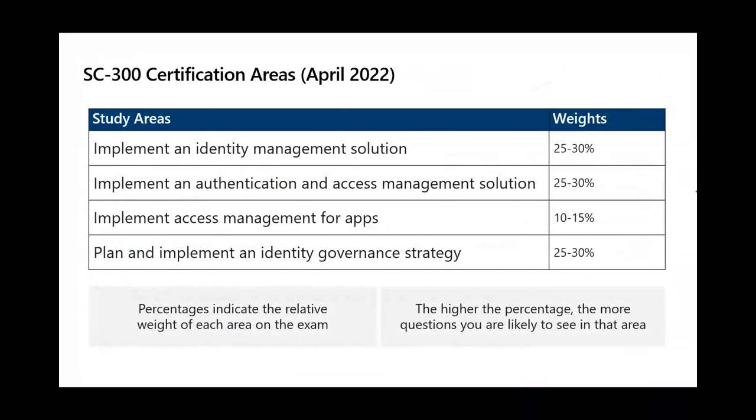I know that most of you will take the exam after this week, so it's important to know which modules have which percentage in the exam. We have 4 modules within SC-300. The first one is implement an identity management solution, which is around 25 to 30% of the exam.